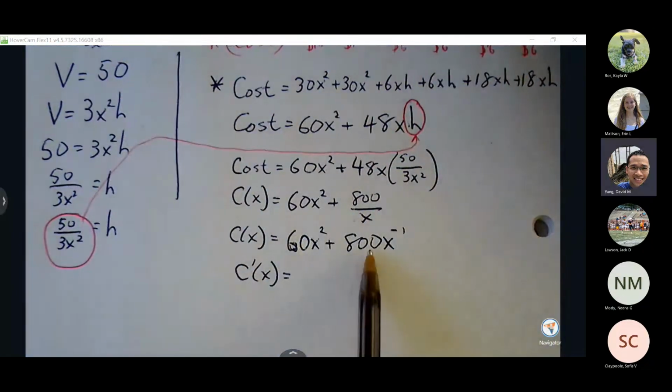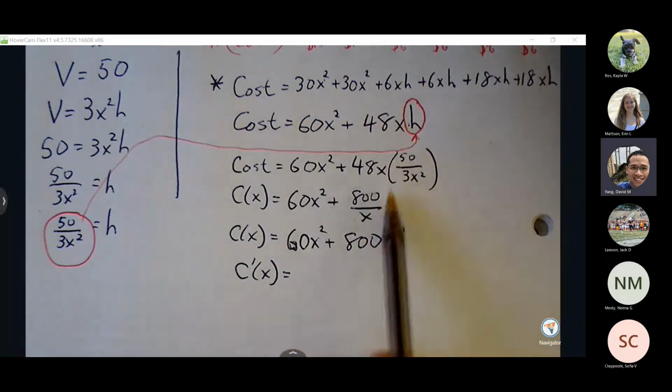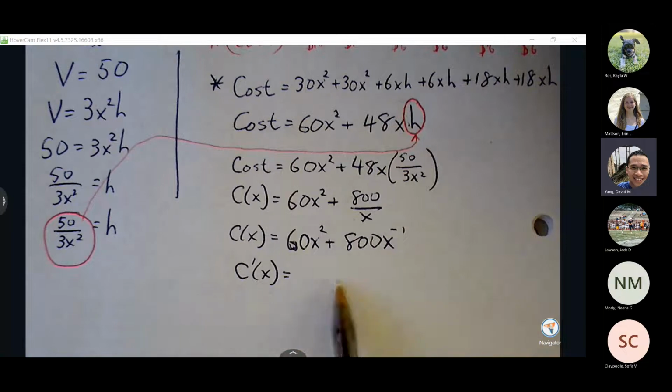Once we have our cost equation reduced down to one variable, cleaned up, we can go through our derivative. And from here, it should just feel like something that you're very familiar with, right? You just find the critical point. Once you find the critical point, you're done with the calculus and you're just trying to figure out, okay, what's the problem asking me to find?